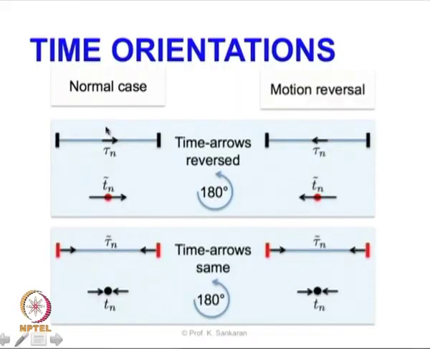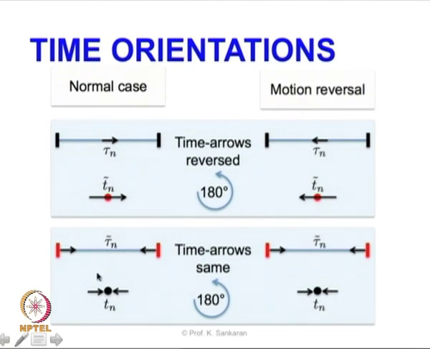Here in the slide, I have a normal case where I have a time duration and I do the motion reversal, so my time duration is oriented in the opposite direction, but still the time duration will be within the same limit, only the orientation changes.